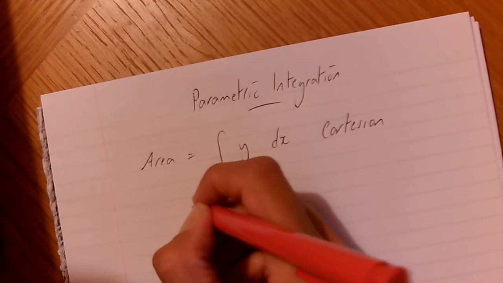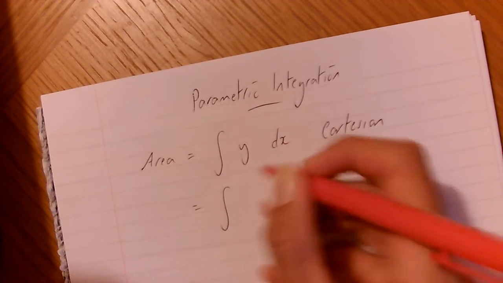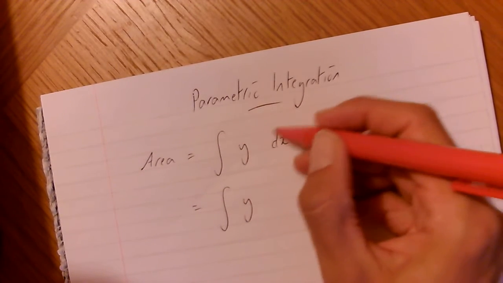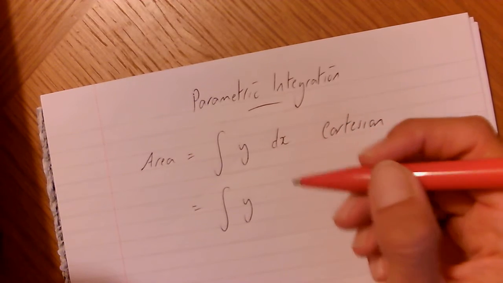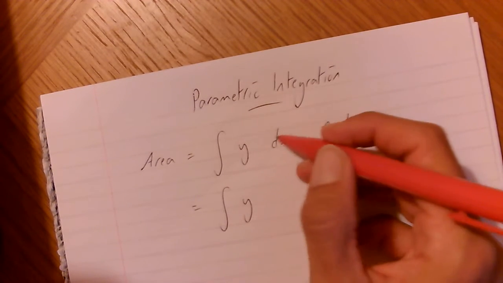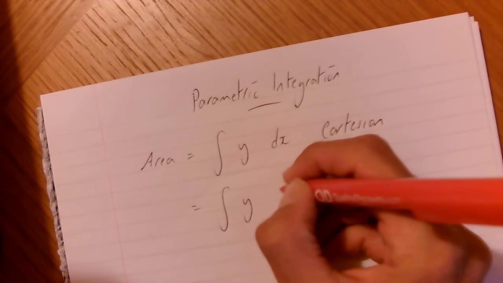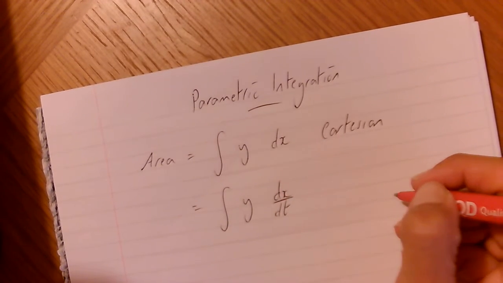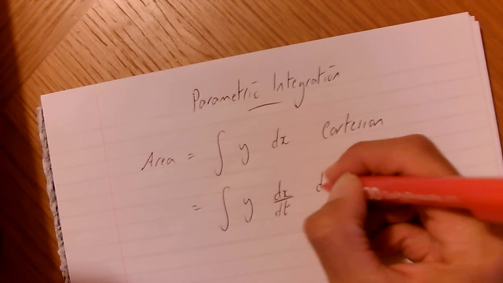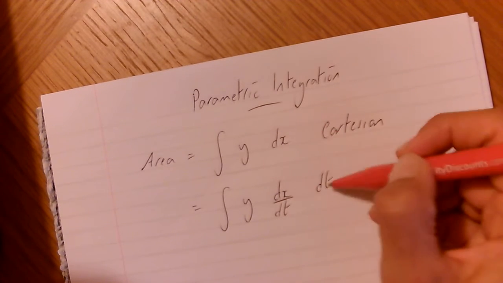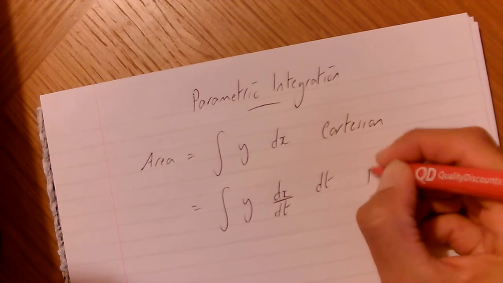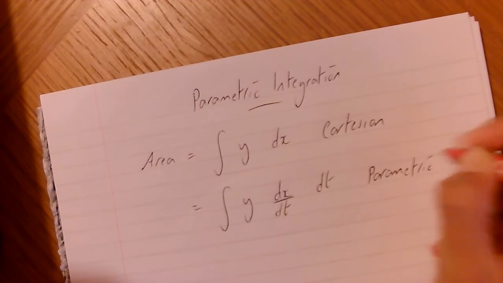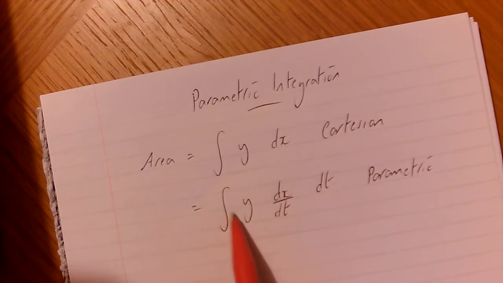But for parametric we're going to keep this y, but because parametrics use the letter t, we can replace this dx with dx divided by dt. There's a hint. And then actually our equivalent of dx is dt. This is not in the formula book, so this form you would need to remember.